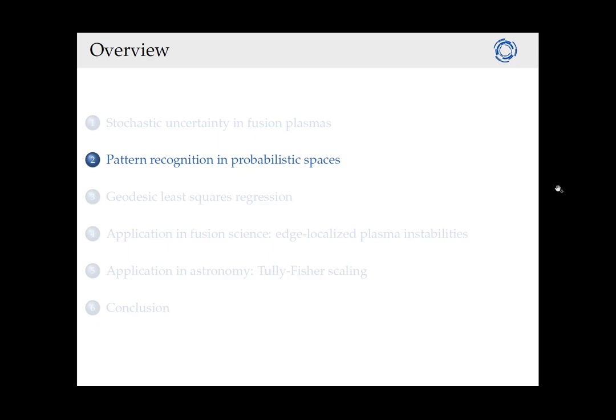And now, having discussed this uncertainty, we're going to talk about data analysis, and specifically to do pattern recognition in probabilistic spaces which arise due to the uncertainty in the physical system.